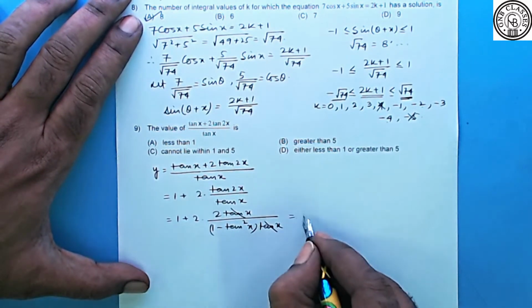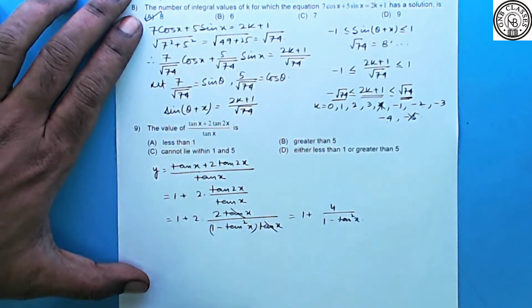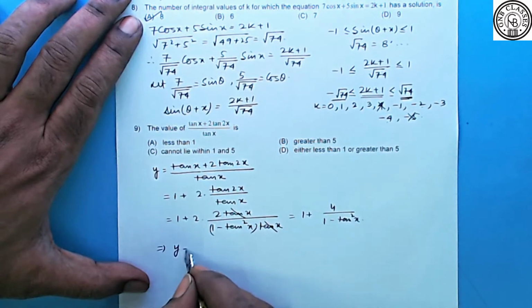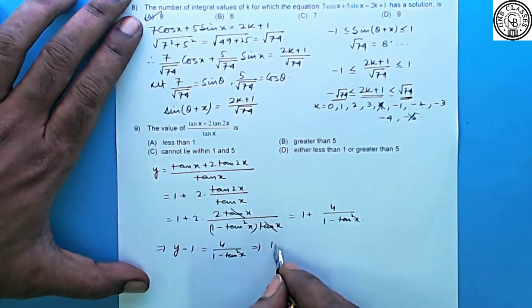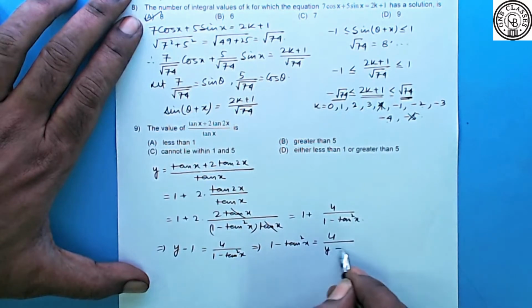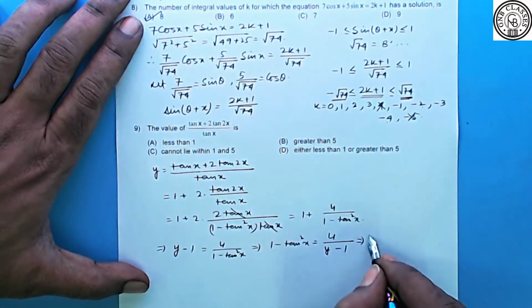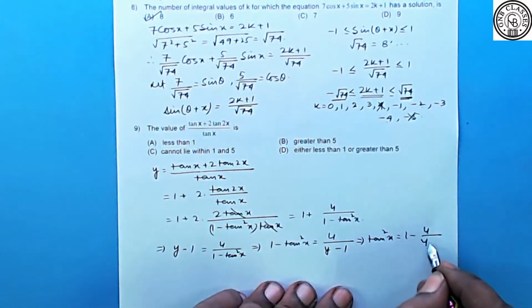So we are left with... so from here we can get 1 minus tan square x is 4 by y minus 1. From here we can say tan square x is 1 minus 4 by y minus 1, that gives you y minus 1 minus 4 by y minus 1, that gives you y minus 5 by y minus 1.